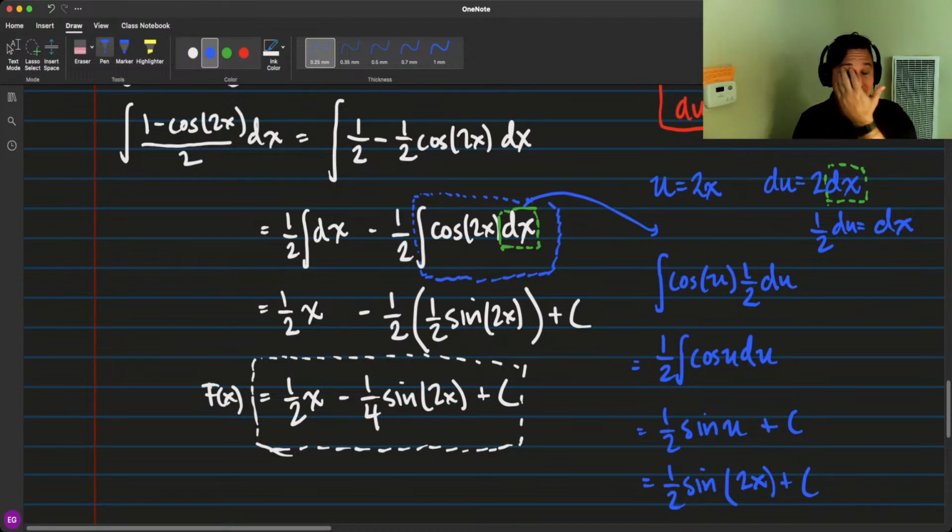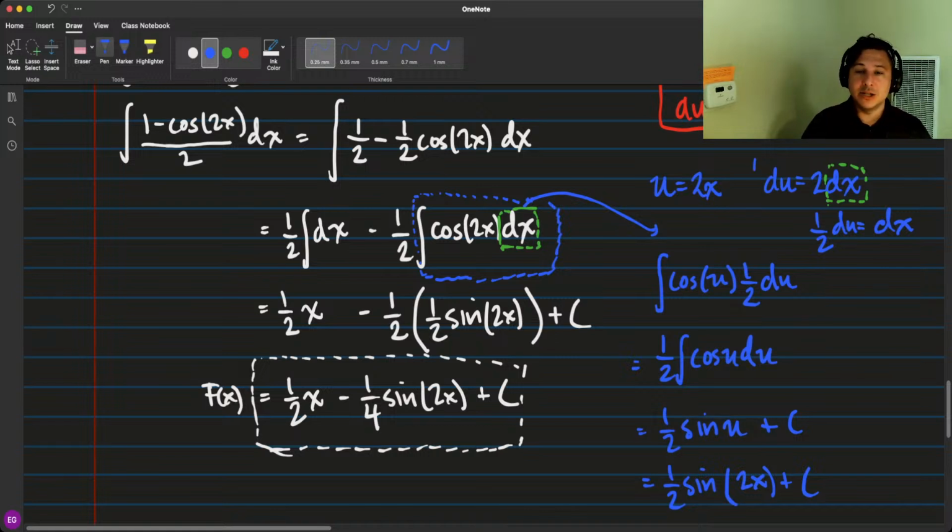Let me explain the dx part though. If you look at this integral here, cosine 2x dx, our u is equal to 2x, so the cosine 2x becomes cosine of u. Now here's the problem. If u equals 2x, then du equals 2dx, which means I can only replace 2dx with du, but I don't have 2dx, I only have dx.